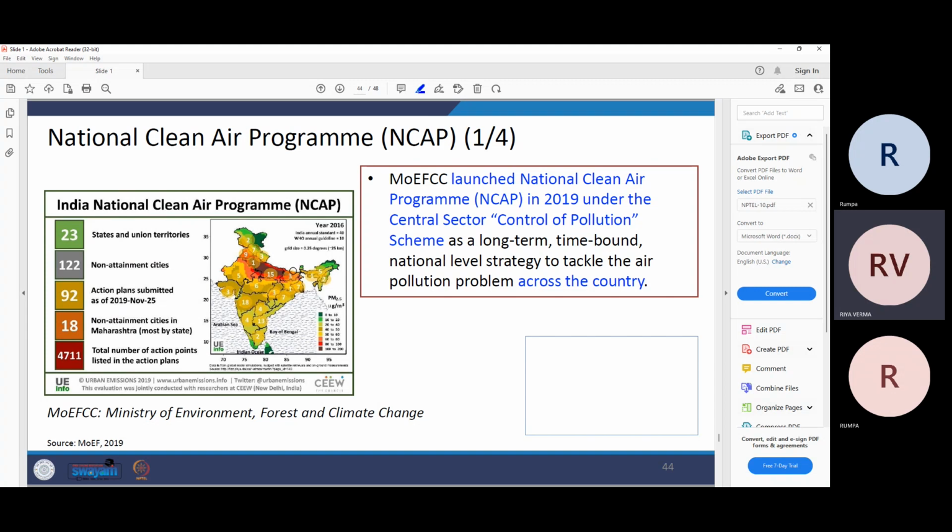And the standards were set throughout the country, and 23 states and union territories were included. 122 non-attainment cities were there. 92 action plans were submitted as of 25th November 2019, and 18 non-attainment cities in Maharashtra were identified. 4711 was the total number of action points listed in the action plans.